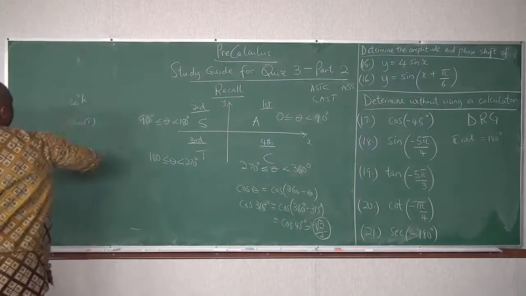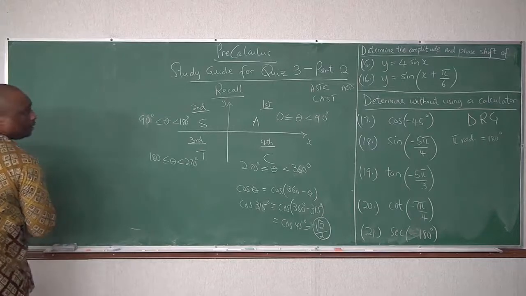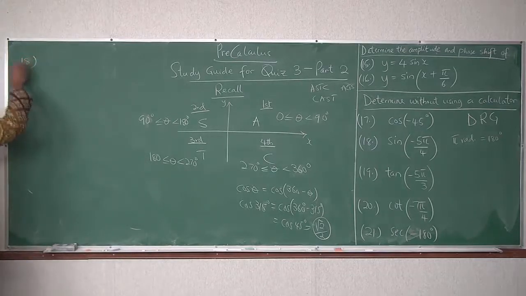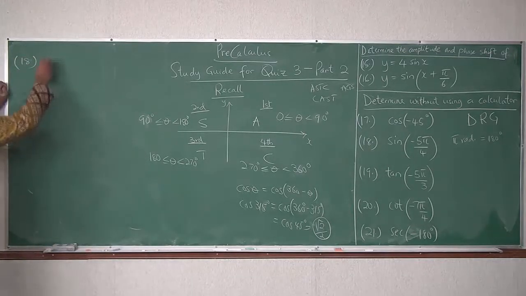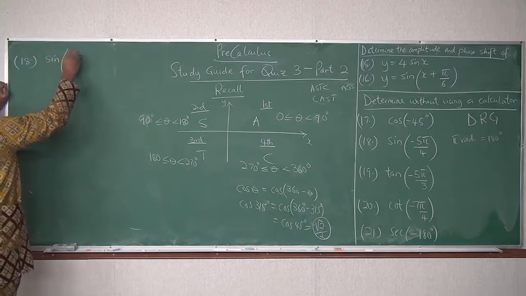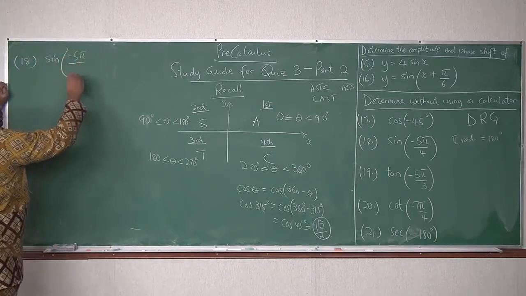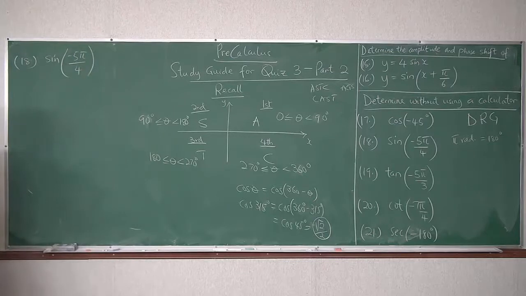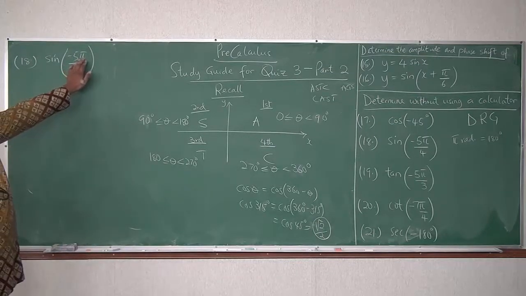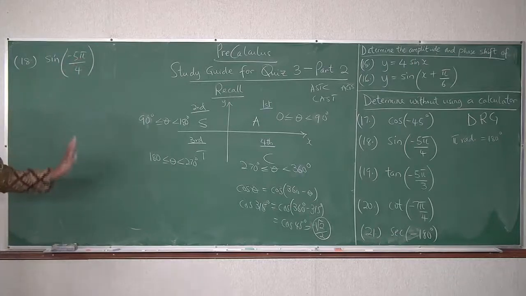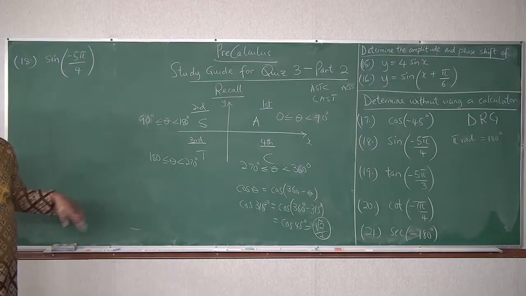Number 18. We do sine of negative 5 pi over 4, and we want to convert. Let's deal with this in degrees.